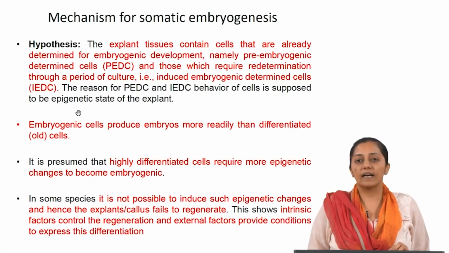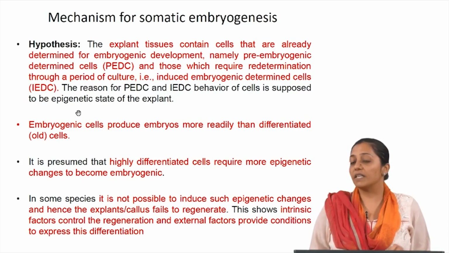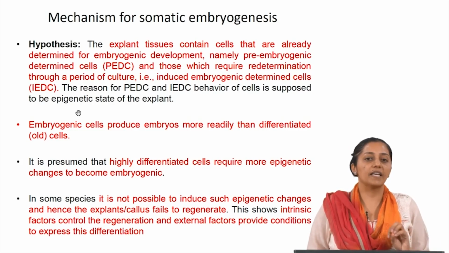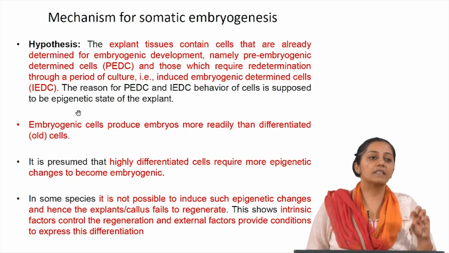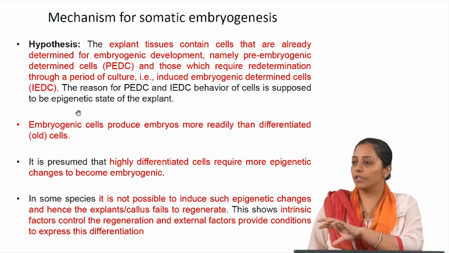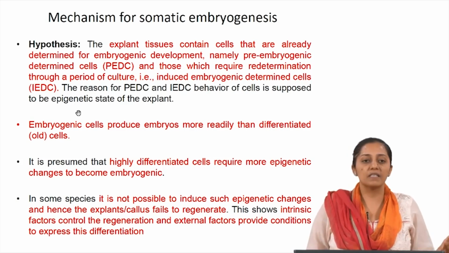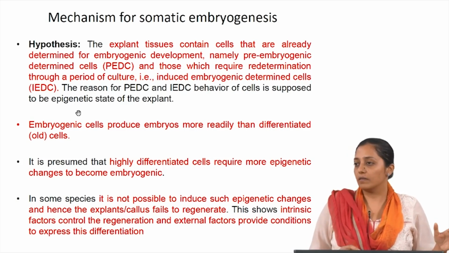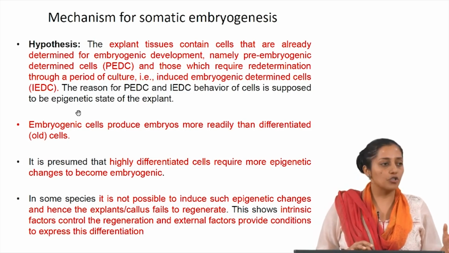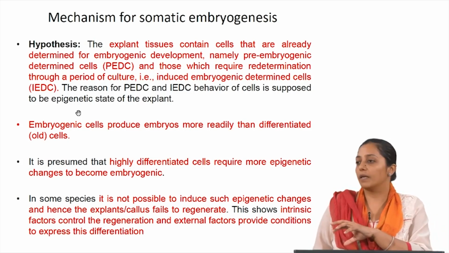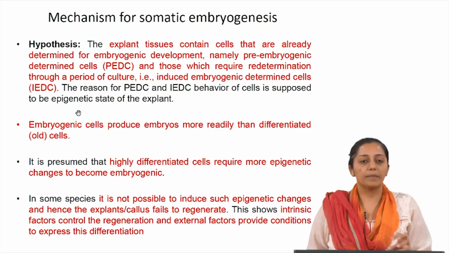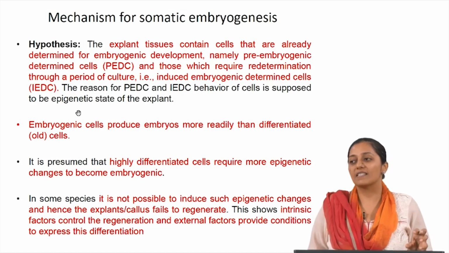Others are called as redetermination through a period of culture, which means induced embryogenic determined cells, which means they can be brought into somatic embryogenic stage but after reprogramming, which means keeping them under the right stimuli so as to reprogram them into, induce them into somatic embryogenesis, which means that it will take much longer time.